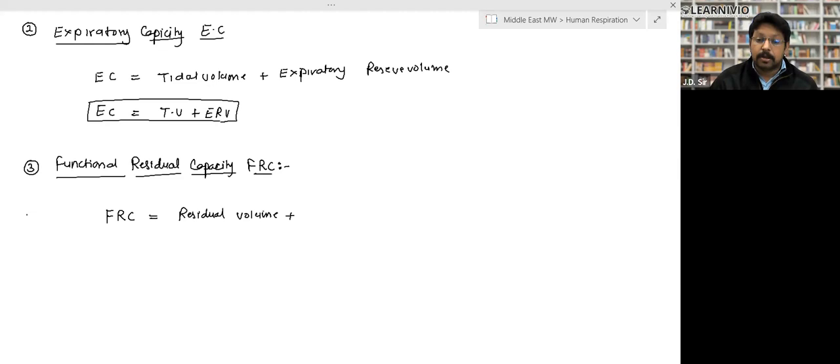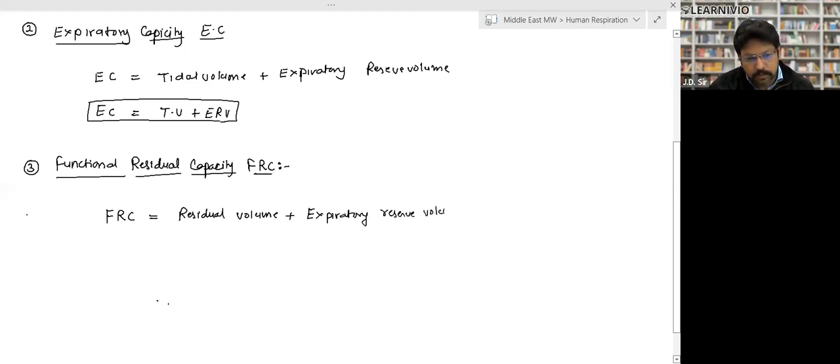Plus, normally I have expired 500 ml. Now if I put more force, I will remove some more amount of air. That will be equal to the expiratory reserve volume, ERV, right? So that will be equal to residual volume plus ERV.